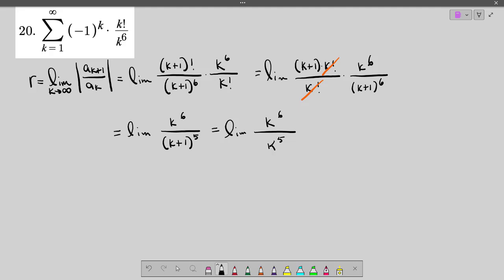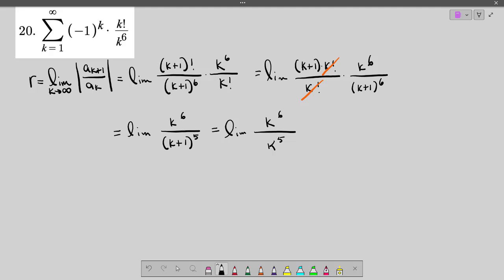And if you divide by the highest power of k, all those little terms at the end are going to 0. So it suffices to just think about, if we're taking a limit at infinity and we're dealing with polynomials, we can just take the dominant term in that polynomial. That's going to dictate what happens. It doesn't matter how big the coefficients on those are.